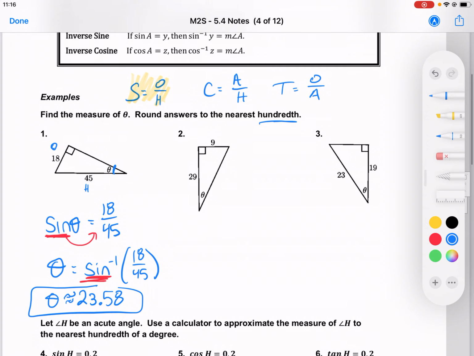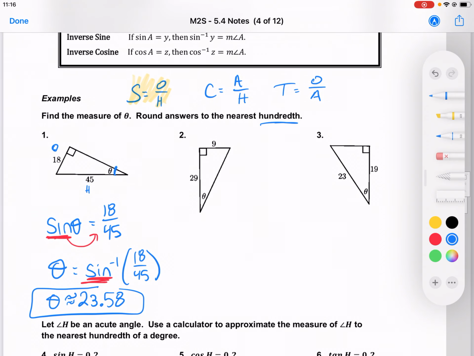Same idea for the next one. This one, we've got the opposite side from the angle and the adjacent side, so this time we're going to do tangent. Tangent of theta equals 9 over 29. Then I'll apply the inverse, so tangent inverse of 9 over 29.